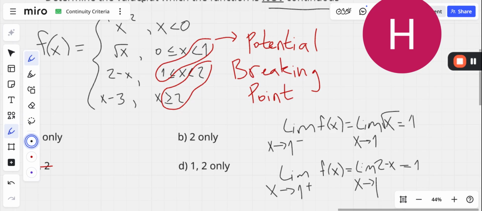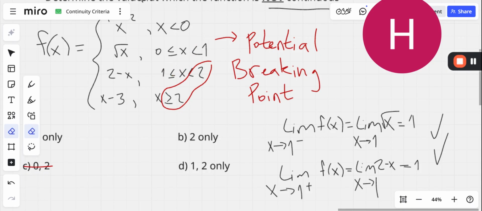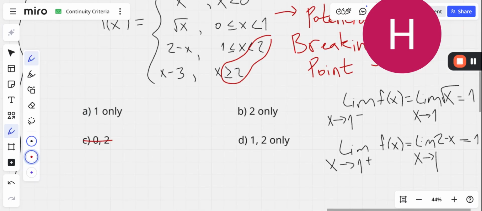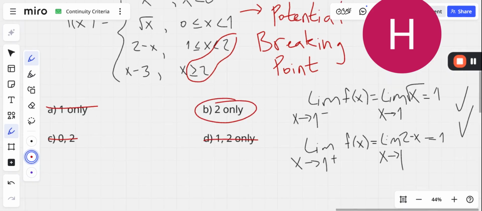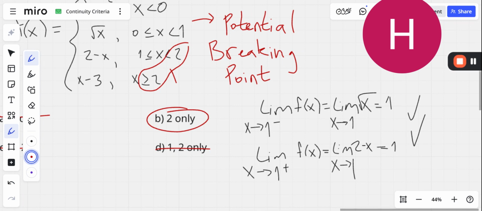So it definitely cannot be these ones. So it has to be option B. Let's just confirm that it is not continuous at x equals 2 by checking the limit from the left and the right side of x equals 2.